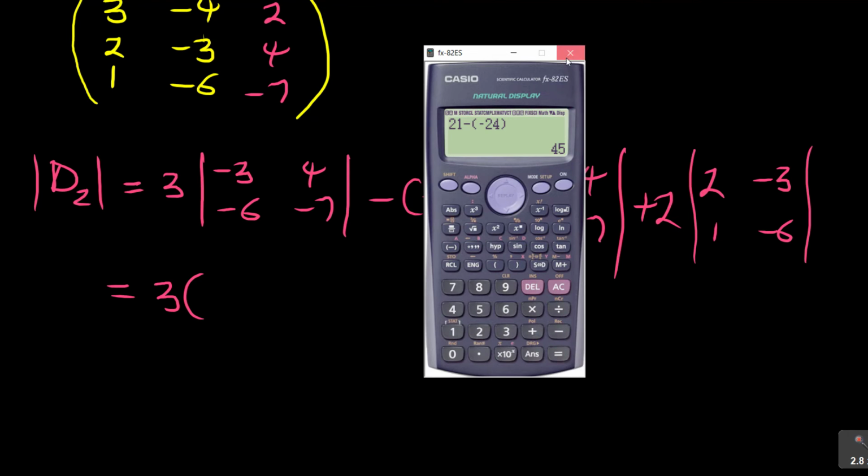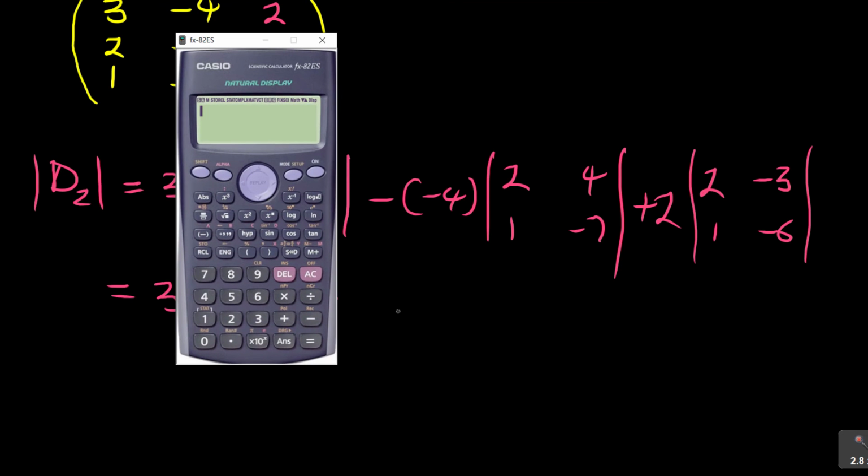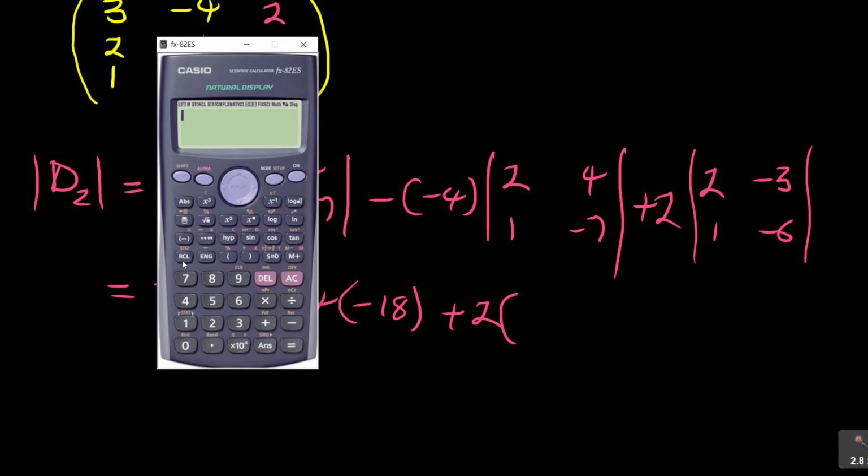I'm getting 45 here. Minus minus is plus 4. Again, negative 7 times 2 is negative 14, minus 1 times 4 is 4, which is negative 18. And then plus 2. Then I multiply 2 times negative 6 is negative 12, minus 1 times 3 is negative 3. I'm getting negative 9.